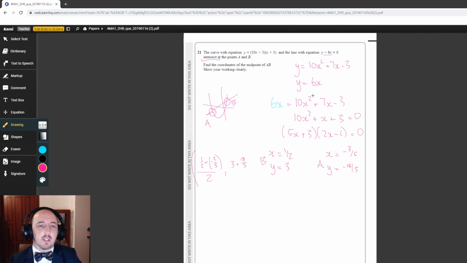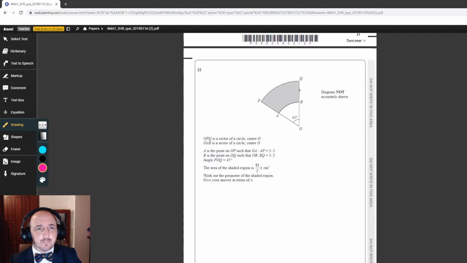So I was doing the 3 plus negative 18/5 over 2. And a half minus 3/5 is minus 0.1 over 2 is minus 0.05. And 3 plus, that's minus 3/5 over 2 is minus 3/10, minus 0.3. So that is the midpoint of A and B there. So simultaneous equations plus midpoint together, that's a tricky question there. Hope you followed that one along.